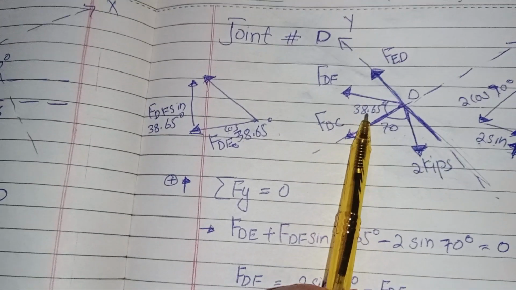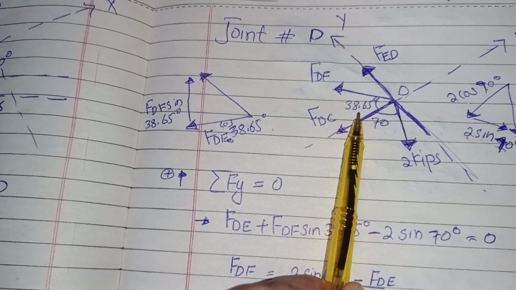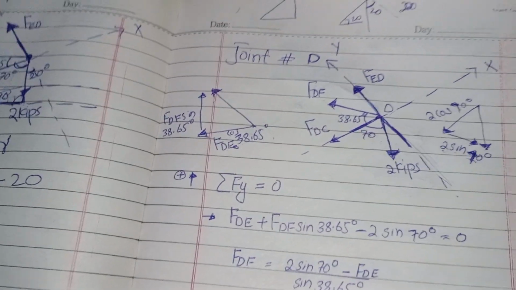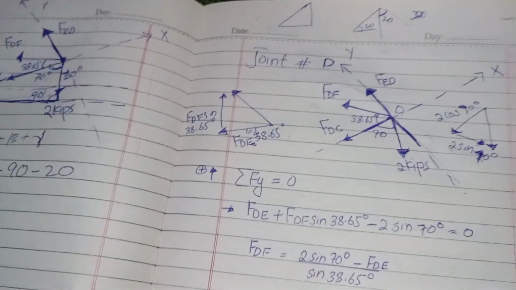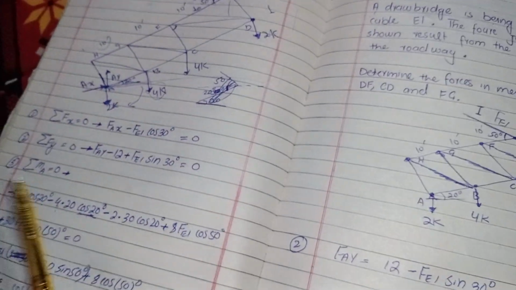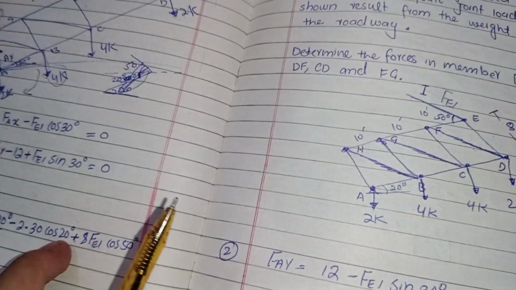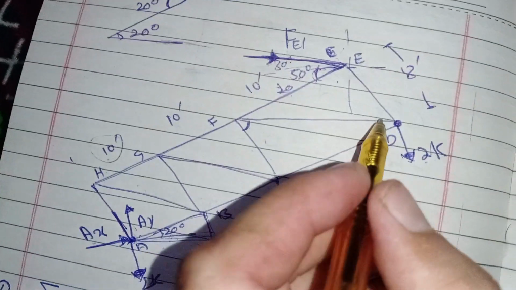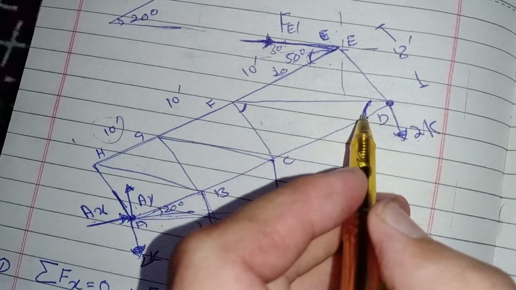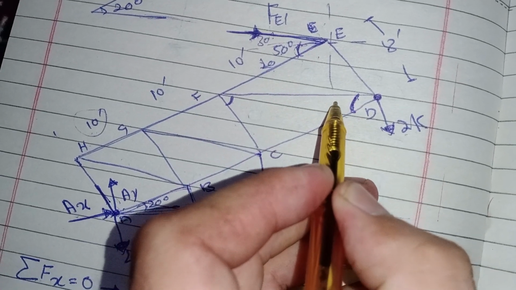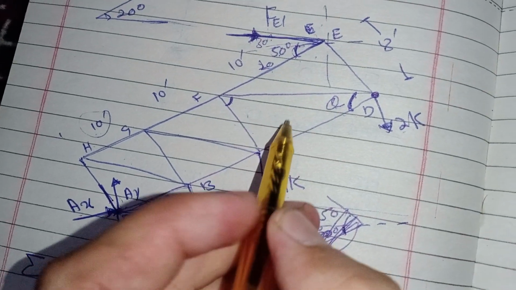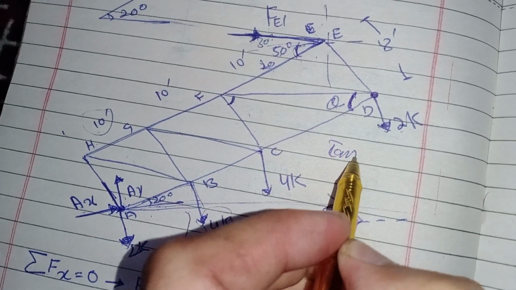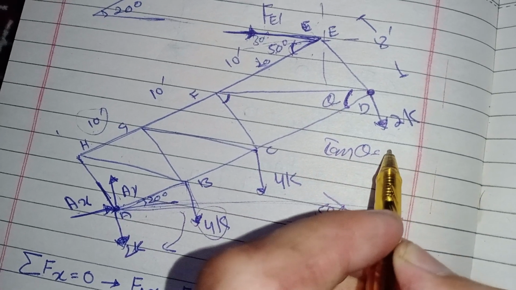So how do I find this angle? You can find this angle by tangent theta, like you can see here. This is, for example, theta. So tangent theta equals opposite divided by adjacent side.